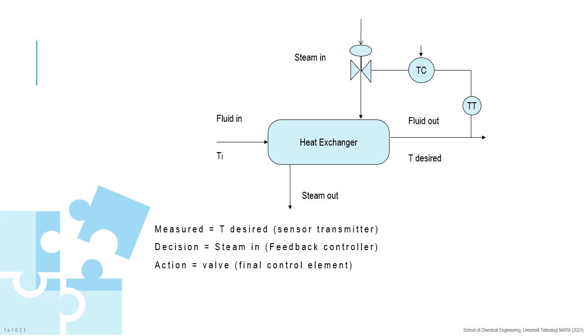The signal obtained from the sensor is then transmitted to the second element in the process control, that is decision. The feedback controller, or TC symbol in the figure, will send the process signal to the third element of process control, that is action. The control valve, representing the final control element, will take an action based on the signal received from the controller.